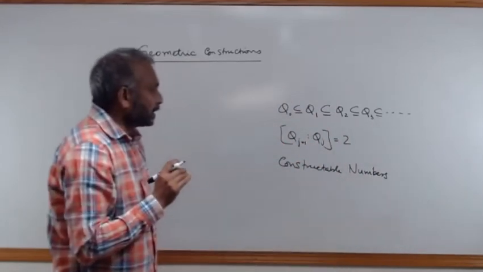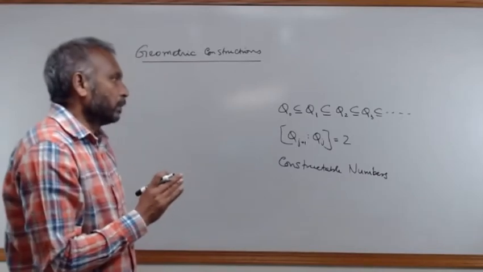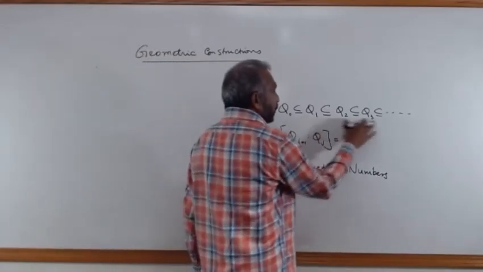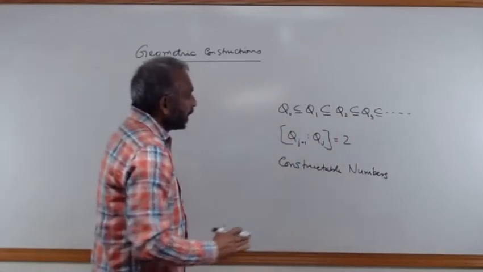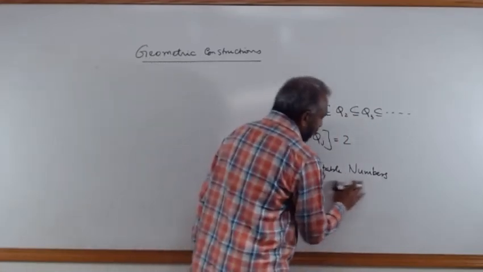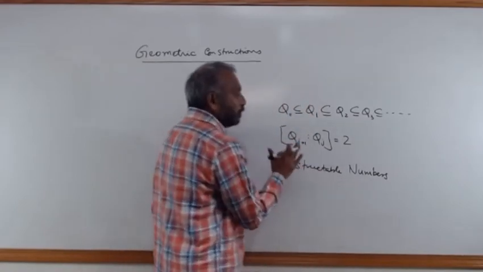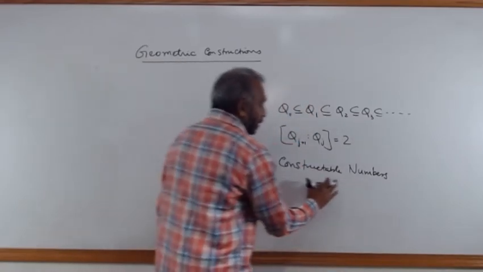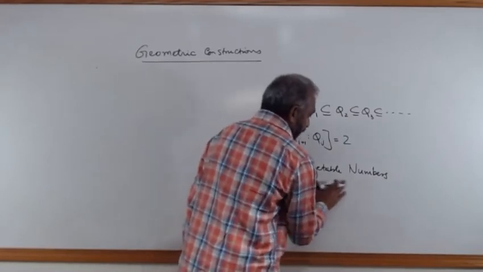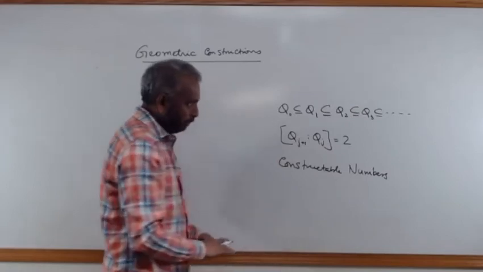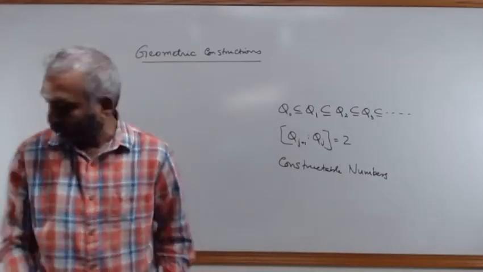So we are going to construct now some numbers, and those are the elements of this sequence. And these numbers are constructed using a set of rules. They are all geometrically constructed numbers, and they follow specific rules. So let us start with those rules.